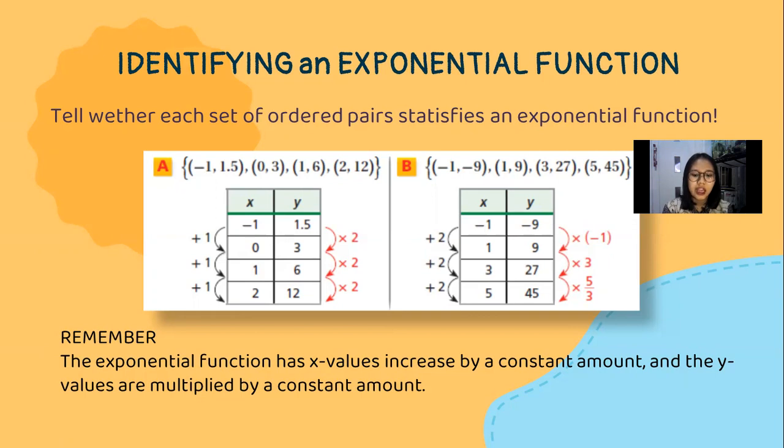Why? The x value increases by a constant amount, which is 2, but the y values are not multiplied by a constant value. They are multiplied by -1, then by 3, and then by 5/3. So graph B is not an exponential function.